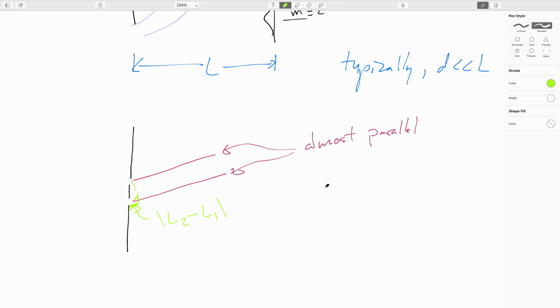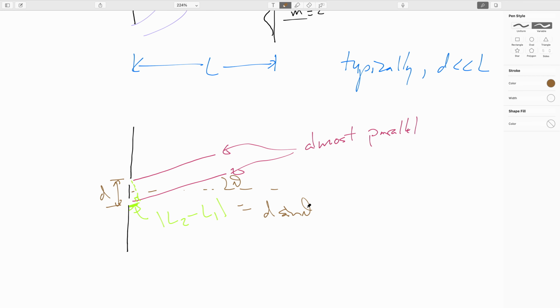Now, D here is the distance between the slits. So if this angle, from between the two slits out to wherever the peak is, is theta, this would be D sine theta.